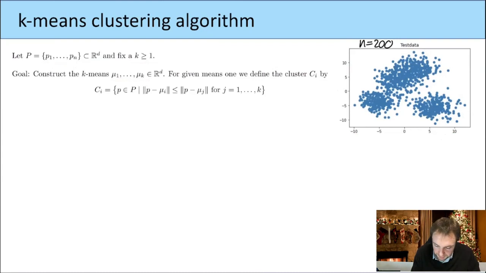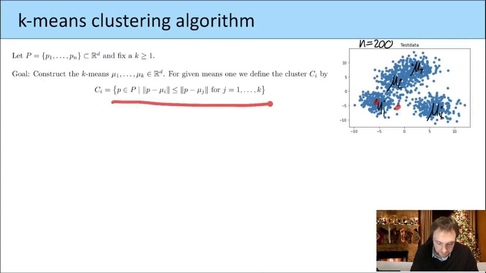If we have the means, let's say here, again, mu1, mu2, mu3, and mu4, then we can define the clusters by saying a point looks at all these means and then looks at the shortest distance, and then it chooses the corresponding group. So for example, this point here is nearest to this one, therefore this will correspond to C1.